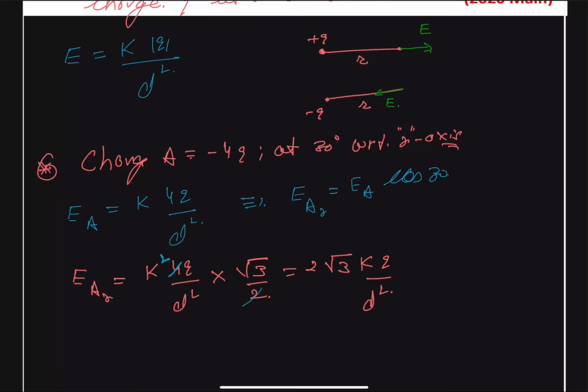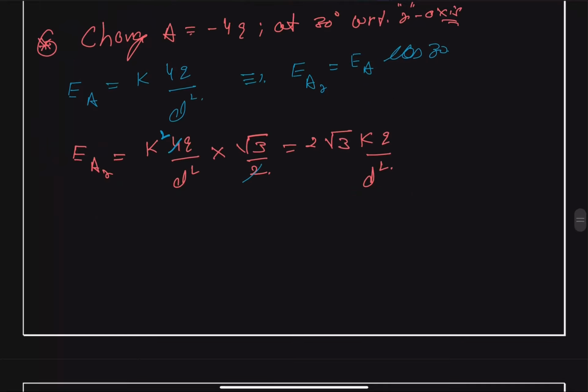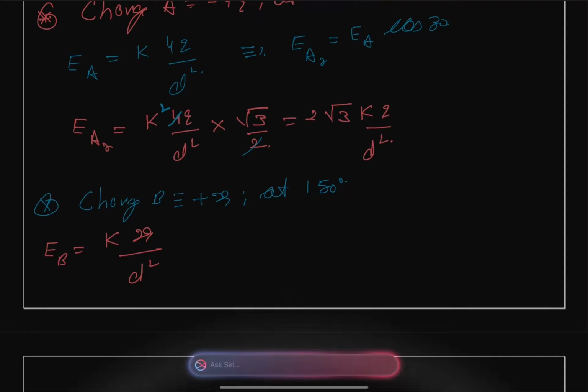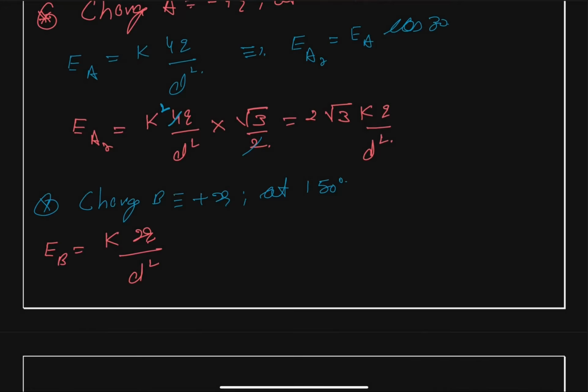Similarly, we are going to find out for charge B. Charge B, its magnitude is plus 2q, and it is given at an angle of 150. So we can say our EB will be equal to k 2q divided by d square in this case, and we need to find out its x component only.